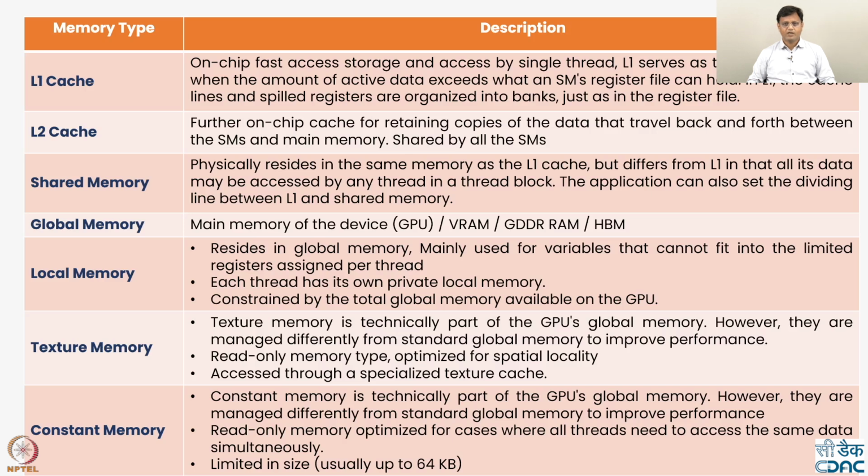L1 serves as the overflow region when the amount of active data exceeds what the SM registers can hold. In other words, frequently used data is kept in the L1 cache.